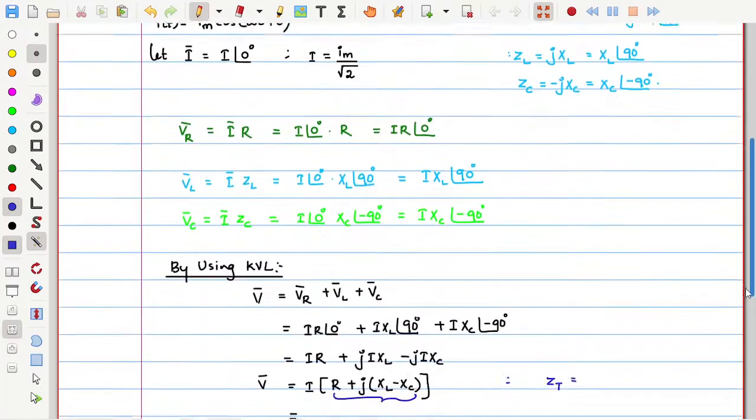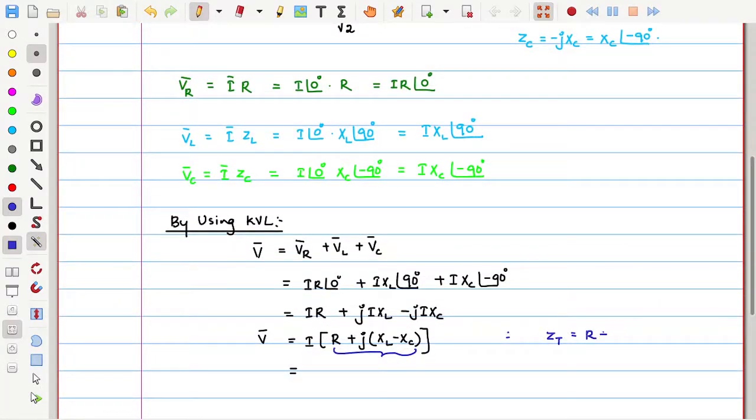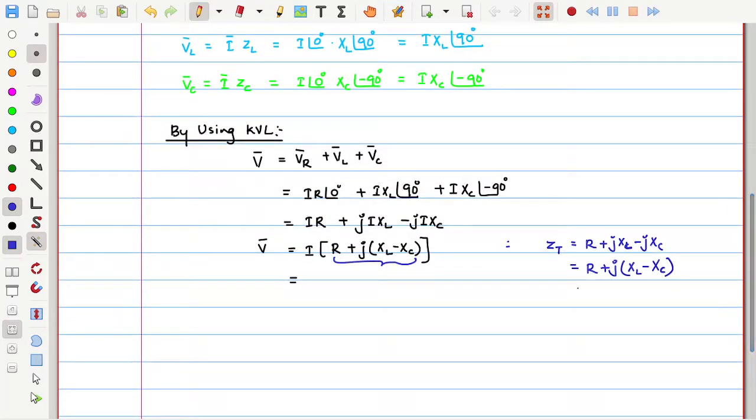Check it. R plus JXL minus JXC. Now, if I take common this J, what I get is J into XL minus XC. Now, try to observe it is in the form of A plus JB, that is rectangular form.